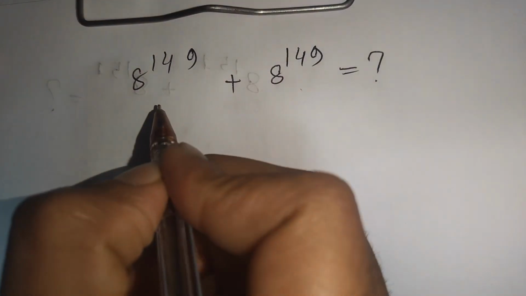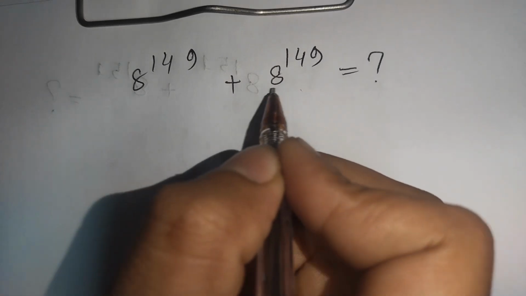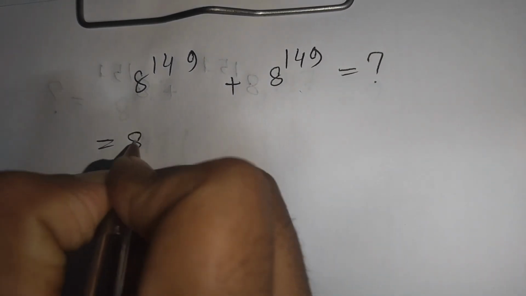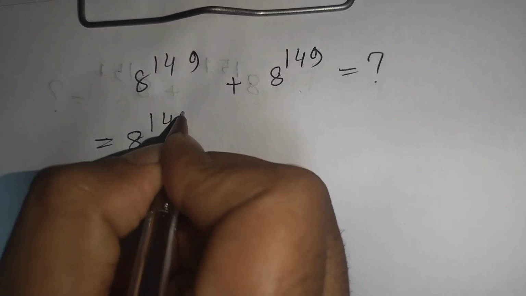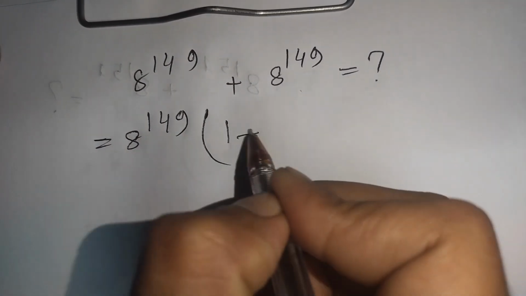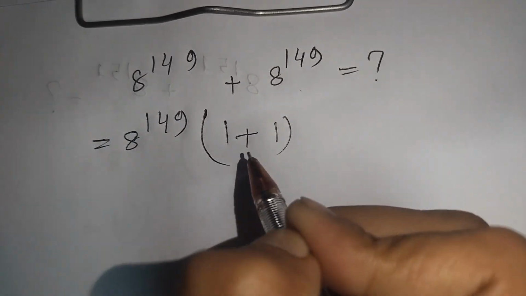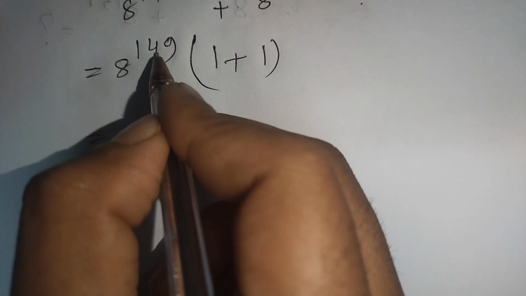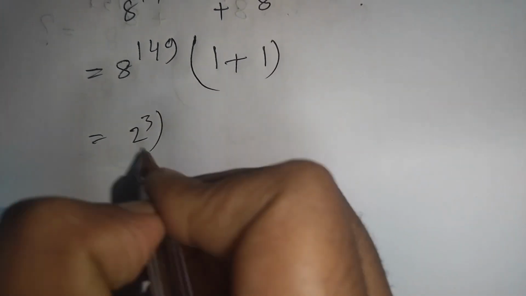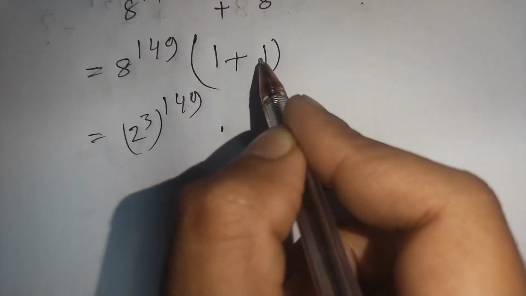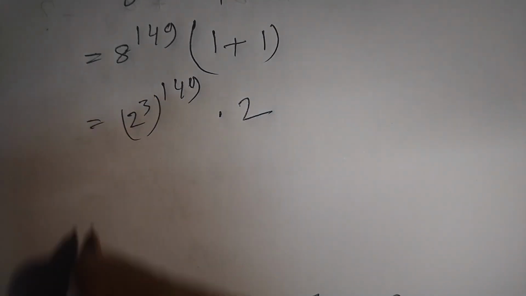So how to solve a to the power 149 plus a to the power 149 is equal to what? At first we take common a to the power 149, first bracket start, this divided by this, that means 1, this divided by this, that means 1. Now a to the power 149 is the same as 2 to the power 3 bracket for 149 times 1 plus 1, that means 2.